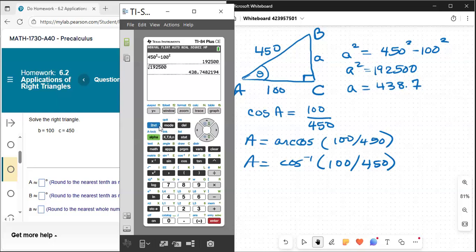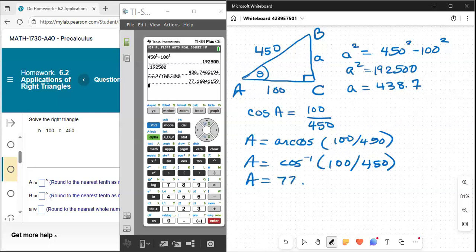So we're going to press second cosine 100 over 450. And we have 77.1 degrees, rounded to the nearest tenth.